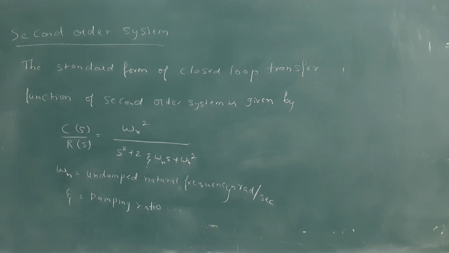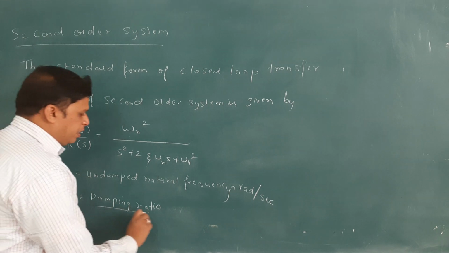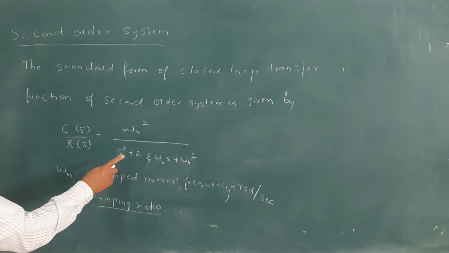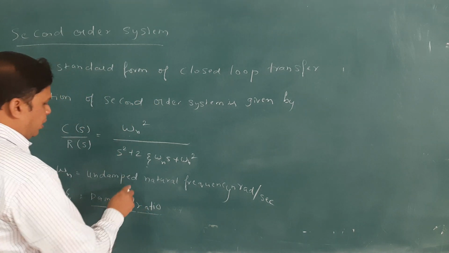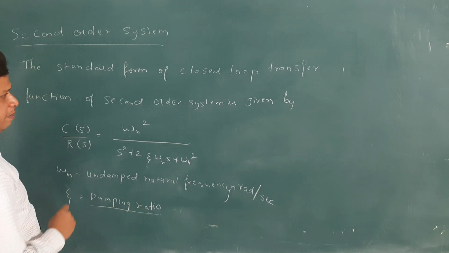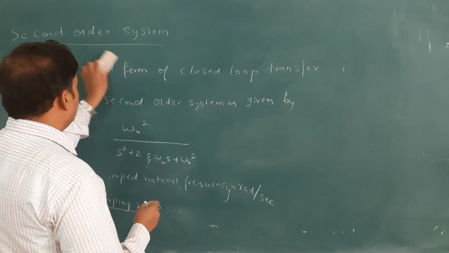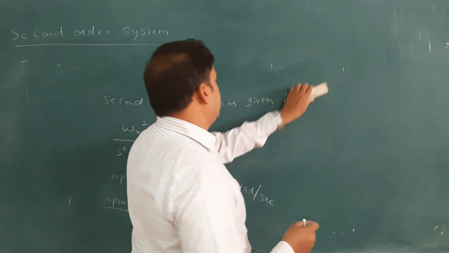And here the damping ratio is defined. Damping ratio is defined as the ratio of actual damping to the critical damping. So what is damping ratio?